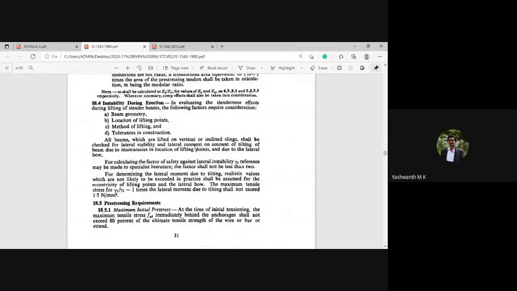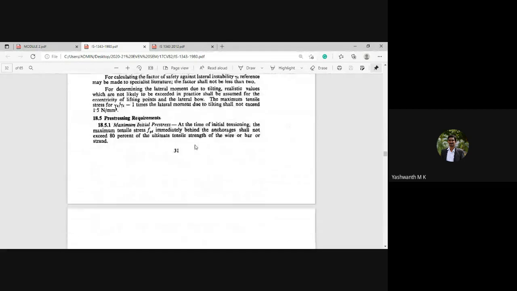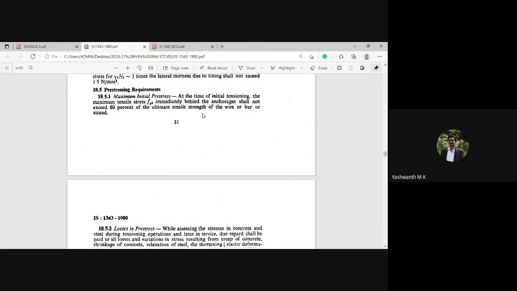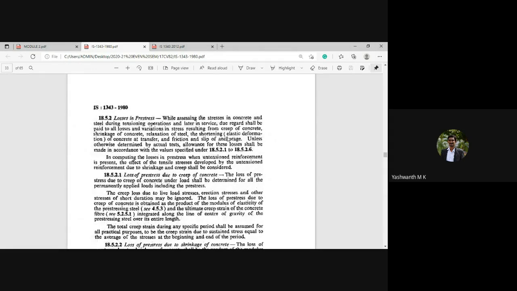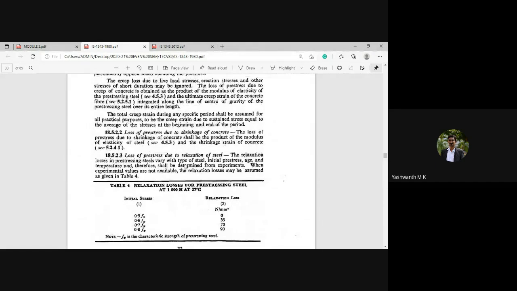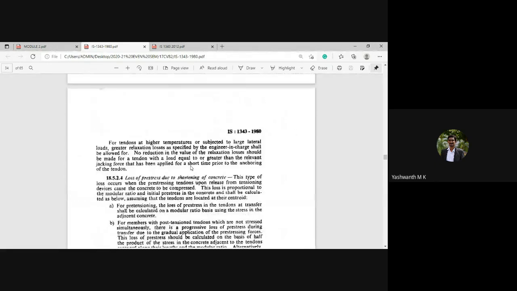In 2012 it was clause 19.5 on page number 25; here it is clause 18.5 on page number 31. All these clauses remain the same, with no changes. All other things will remain the same with a slight modification.